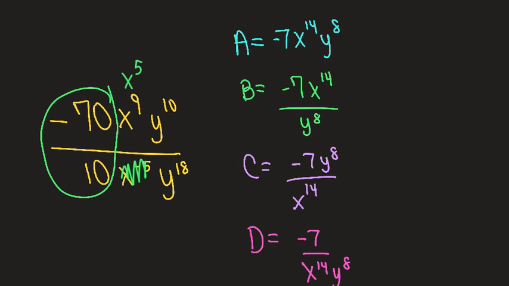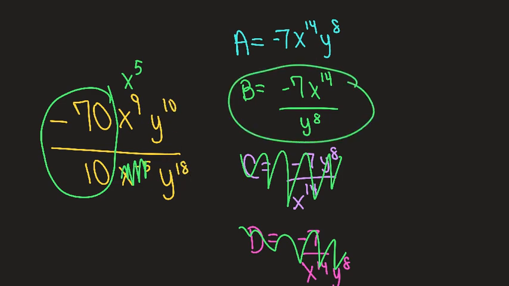So that means x to the 14th. Well, they all say x to the 14th. So is x to the 14th on the top or the bottom? Well, it's on the top, so I can eliminate C and D. Now, will y to the 8th be on the top or on the bottom? I have 10 on top, 18 on bottom, more on bottom, therefore B is the correct answer.